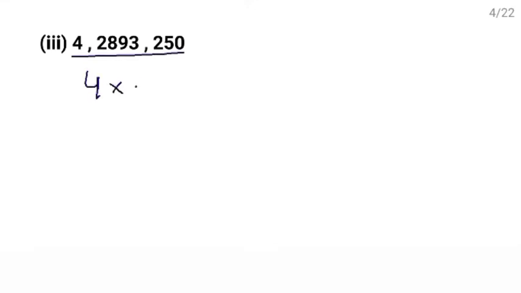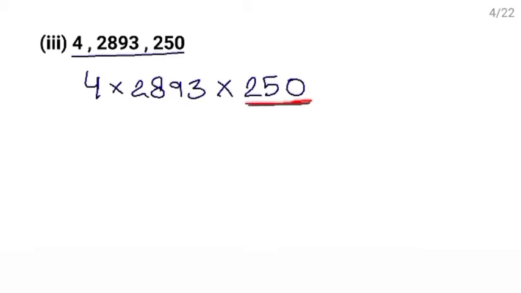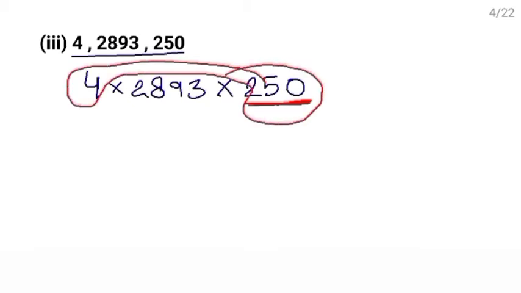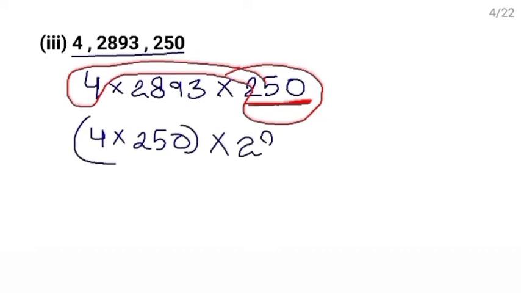4 multiply 2893 multiply 250. This is the multiple of 5, right? So you will multiply it with the even number. So you will make its group with this number. Clear? So make their group. 4 multiply 250 in the bracket multiply 2893.